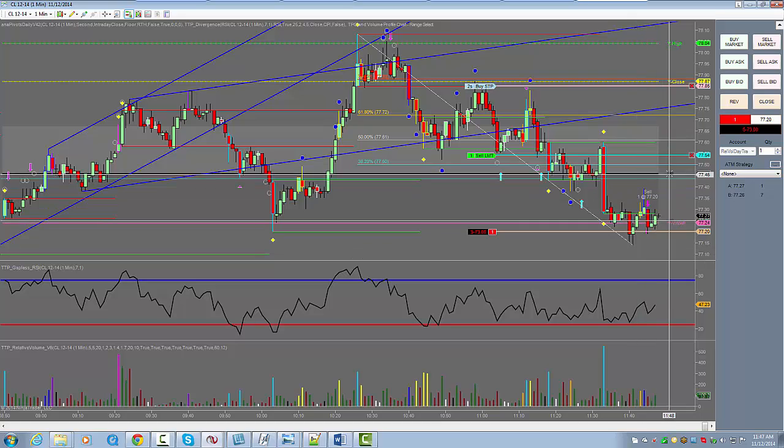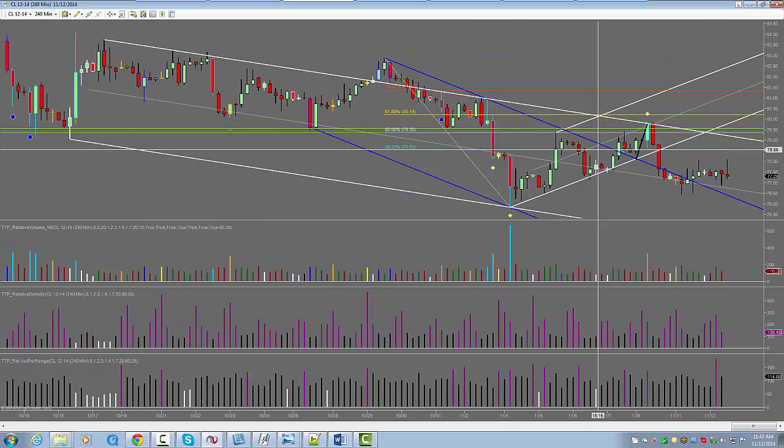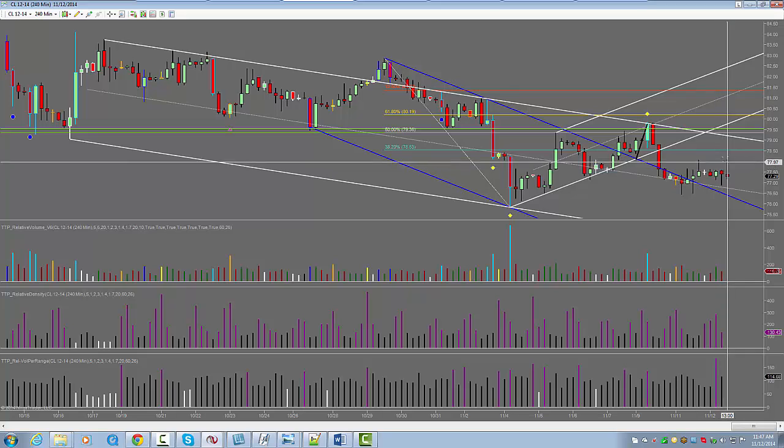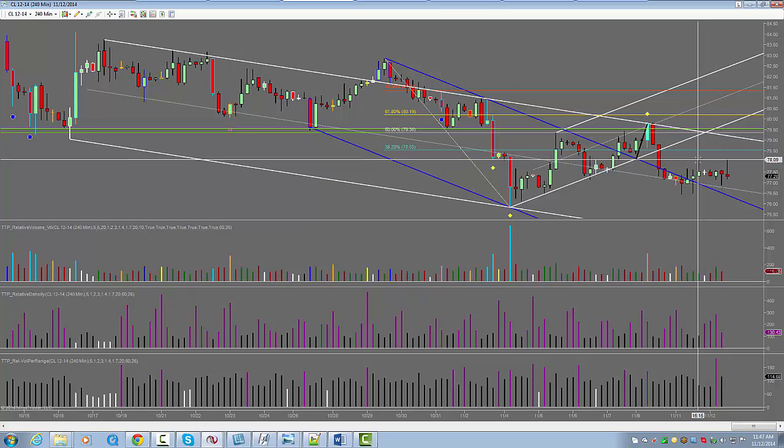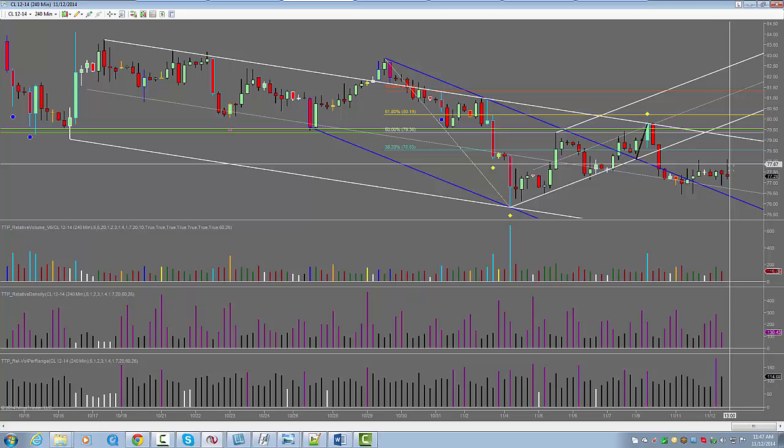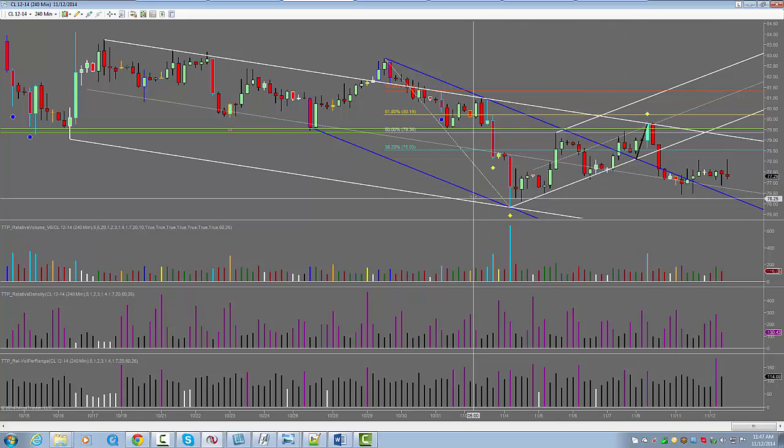Okay, so hopefully it'll come back and I'll get filled on that, and then we get the big push down over the next couple of days. You can see the selling pressure did come in once we broke above this high. So yeah, expecting a push down from here.